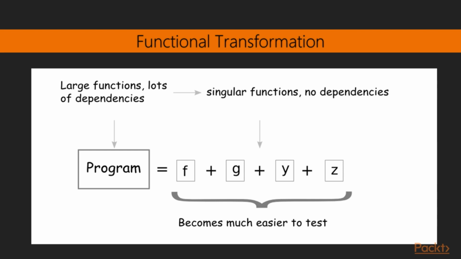So the tendency towards singular functions means that the logic within those functions will automatically get simpler, right? Because if you can only work on the arguments that you're given, then it only stands to reason that the smaller the number of arguments you have, the smaller the function's arity, the simpler the logic will be underneath that function. And so it will be much easier to test as we approach singularity.